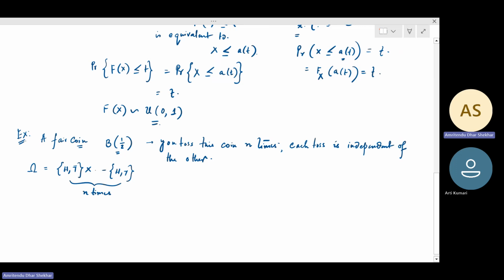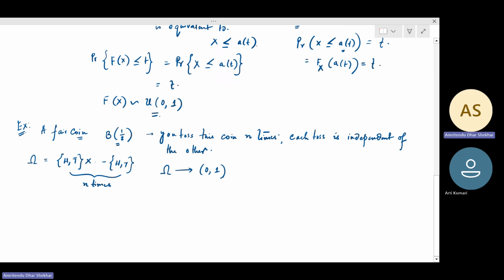You define a map from omega to the open interval 0 comma 1, which is defined as follows. For any word that is given, say W is equal to W1 up to Wn, any combination of heads and tails.